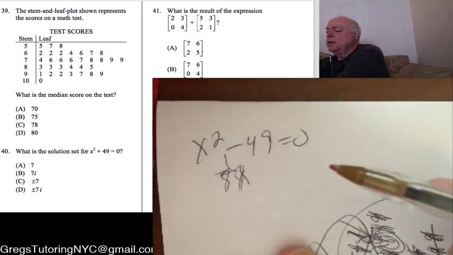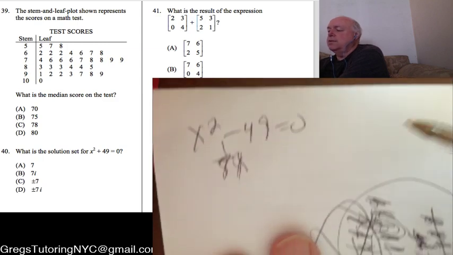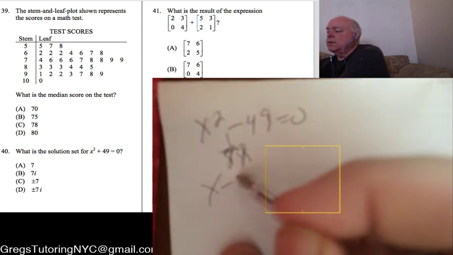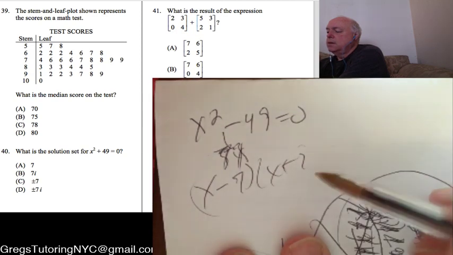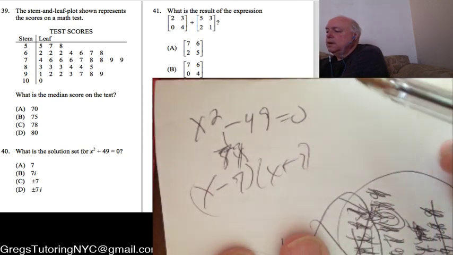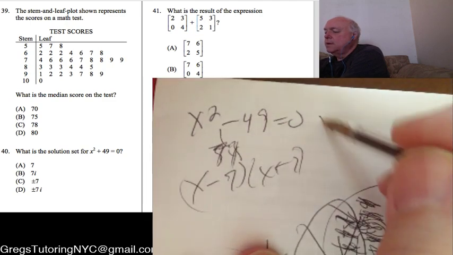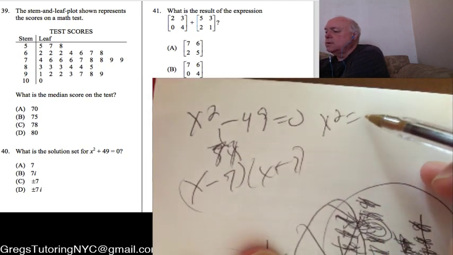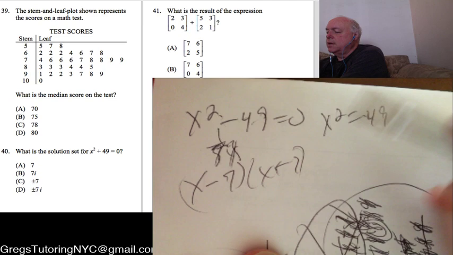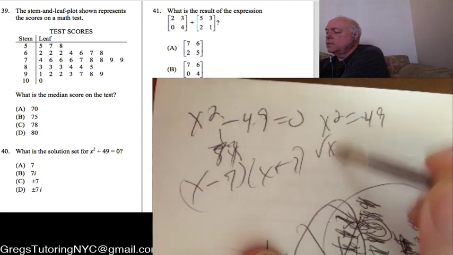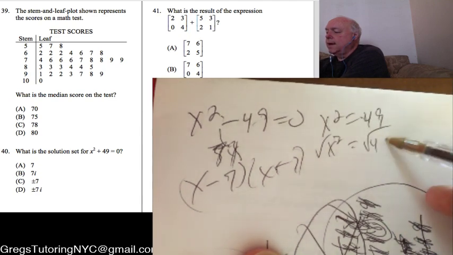The problem is you can't get 7, because if you get x minus 7, then x plus 7 and so on, you start getting weird stuff. And really the way you want to solve this is just by doing x squared equals 49. Right? We add 49 to both sides, and then we take the square root of x squared and the square root of 49.